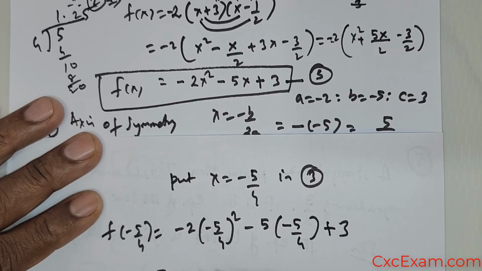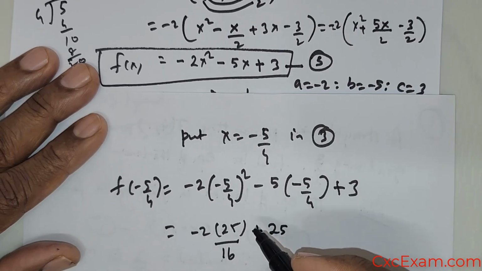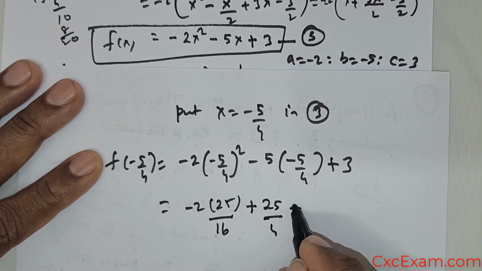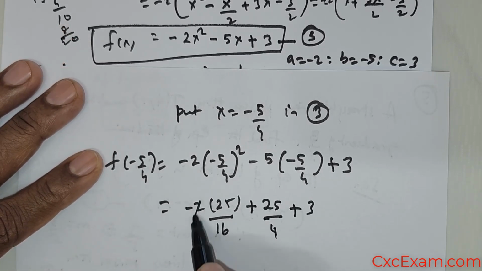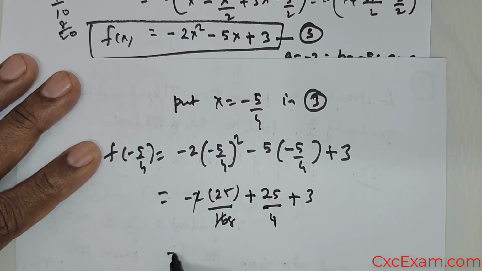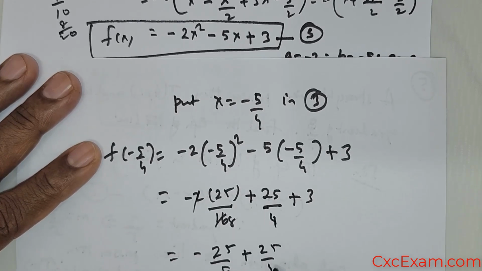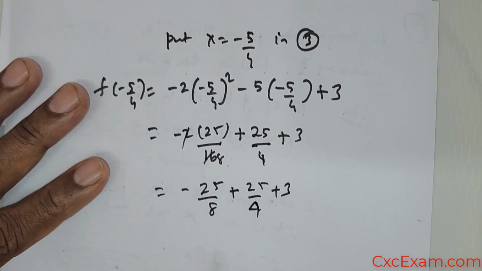So this is going to be positive. 25 is here, this is going to be negative 2, this is going to be 4 times 4 is 16. So I have a 16 there. Negative negative positive, 5 fives are 25, divided by 4, positive 3. Now 2 divides here 8 times. So this is going to be negative 25 over 8 positive 25 over 4 positive 3.